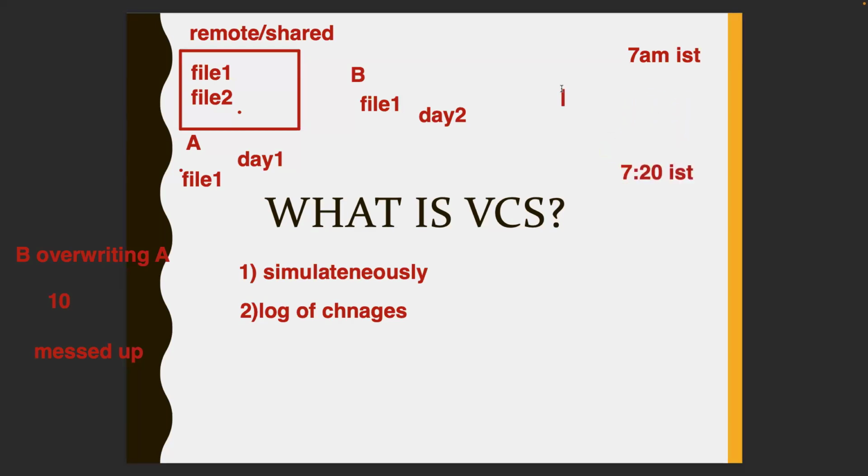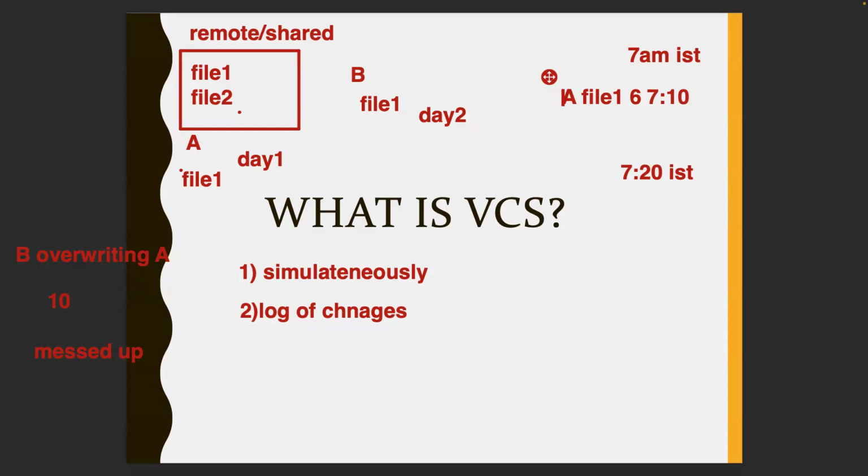So again, we need a system which can provide detailed logging, like person A made changes on file 1 on line number 6 at 7:10. This led to the system crash. If you have this kind of detailed logging, including the person who made the changes, the lines where he made the changes, at what time, in which file, it is easy to revert the changes as needed, right?